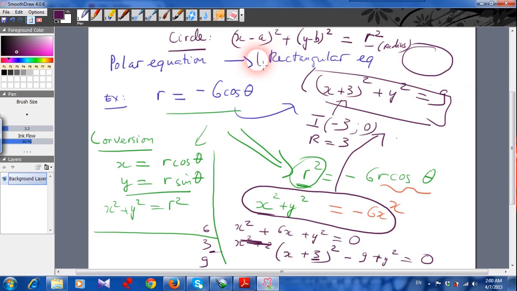Compare this one and this one. This circle has a center with coordinates a and b, so this is the center (−3, 0), and you see r². So we finished from polar to rectangular.